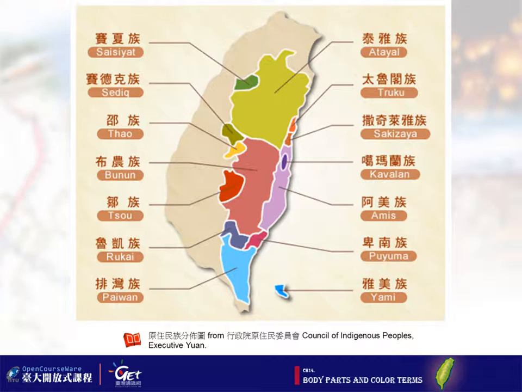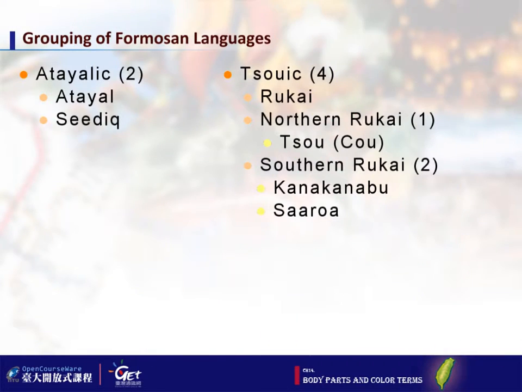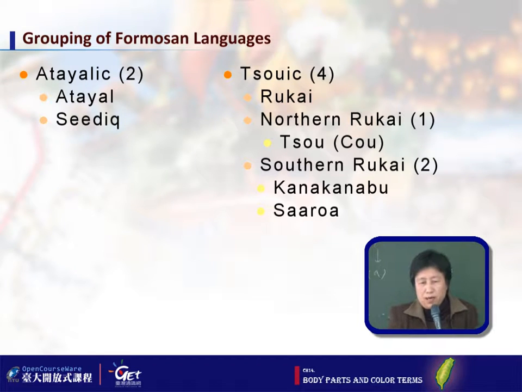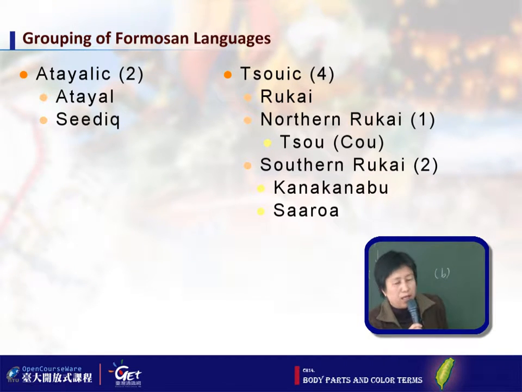So sometimes it's called Tao, sometimes Yami, which is very different from the other languages here. All these are Formosan languages, but this one belongs to the Malayo-Polynesian branch. It's a different language. So these are the distribution of Formosan languages in Taiwan.